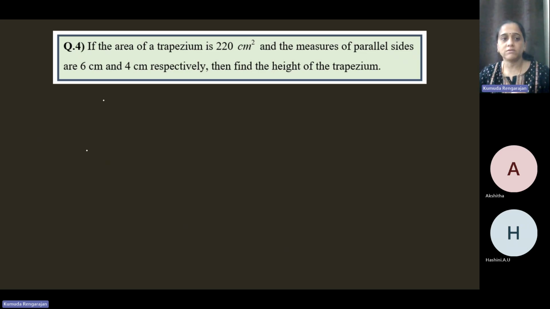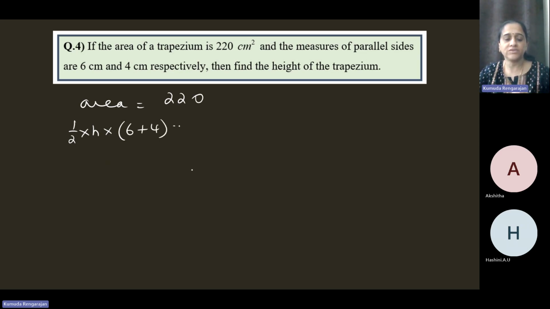Same thing. Similar. Okay, so let me do it fast. So area is equal to 220. You must write area is equal to 220. Half into h, which is not known, into a plus b, 6 plus 4, is equal to 220.